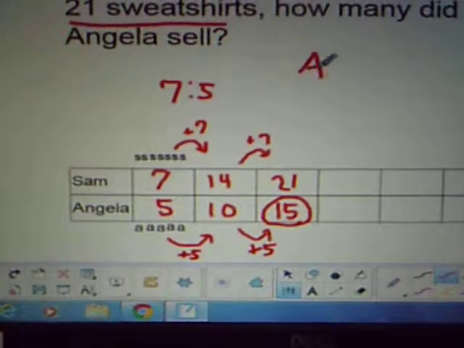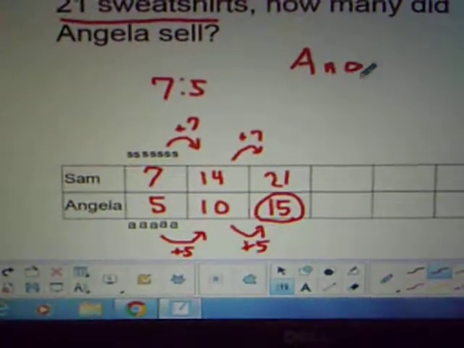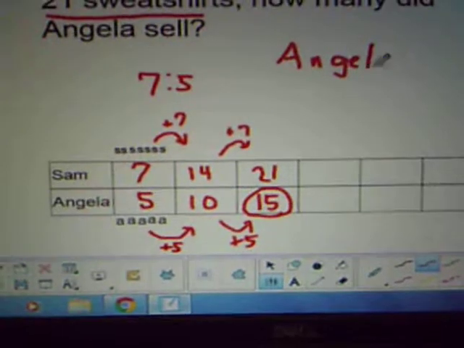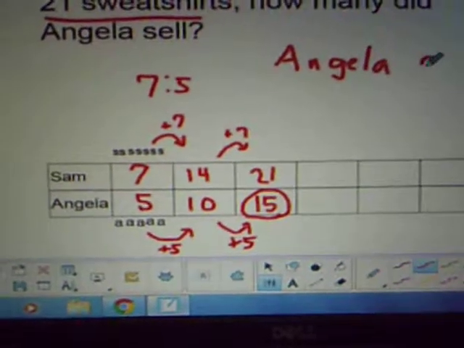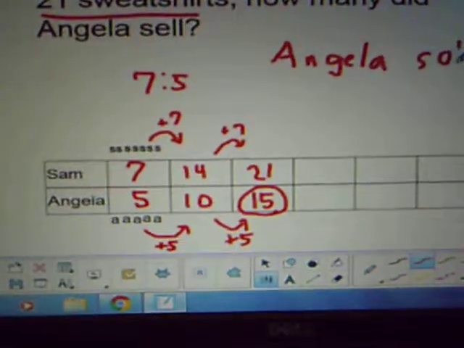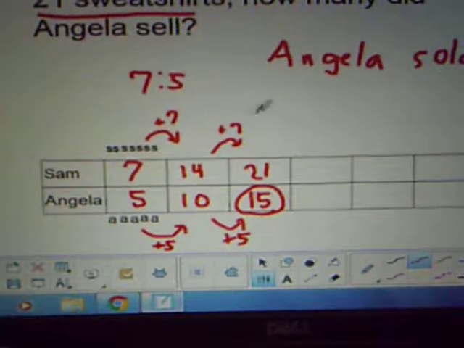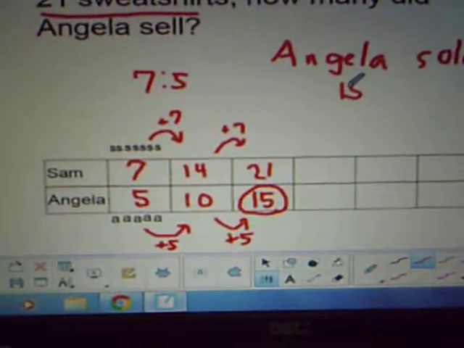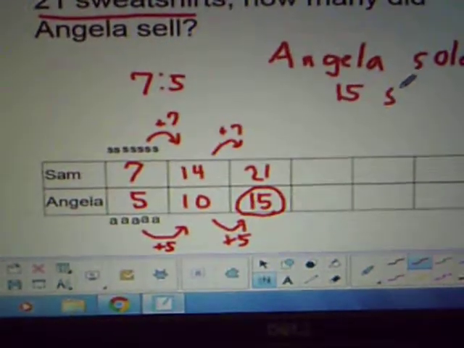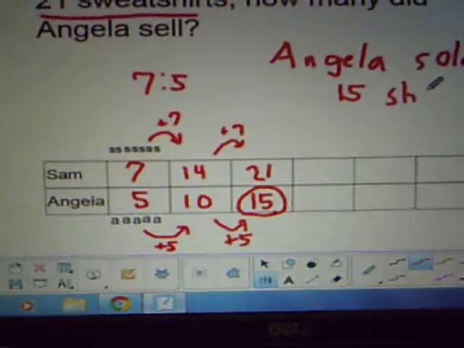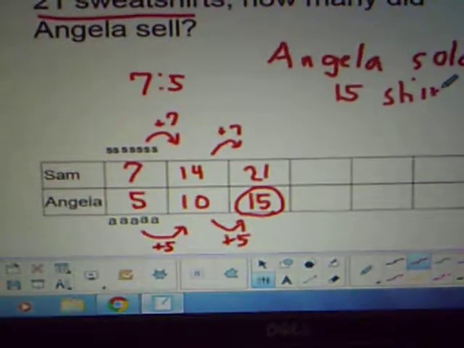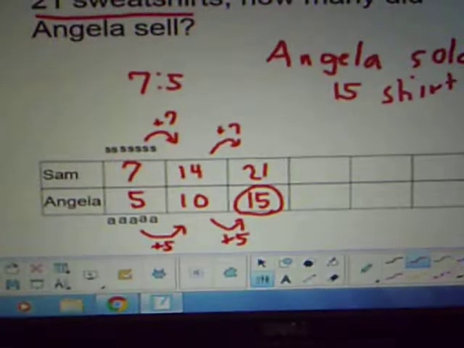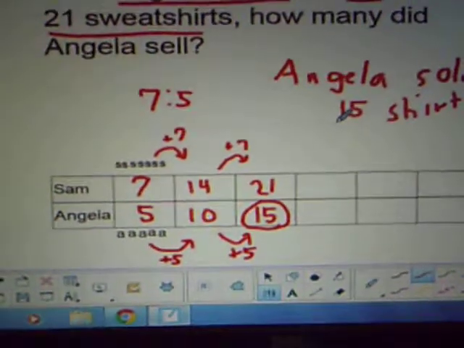So we can say that Angela sold 15 shirts. Sorry, it's hard to write using a computer mouse.